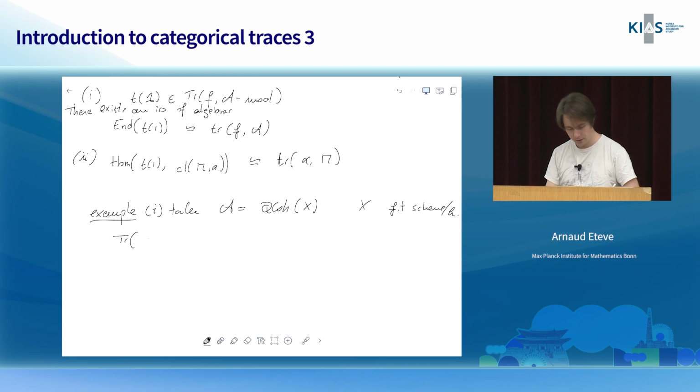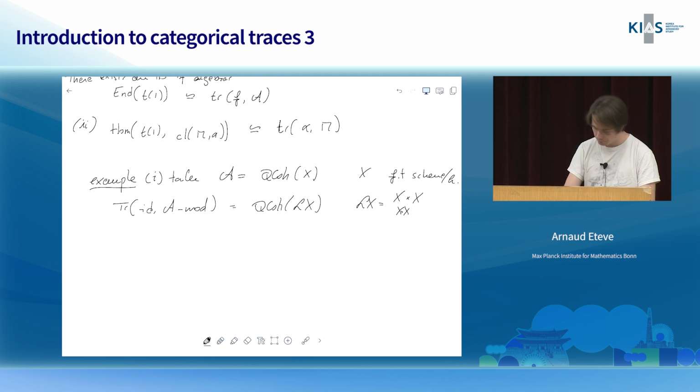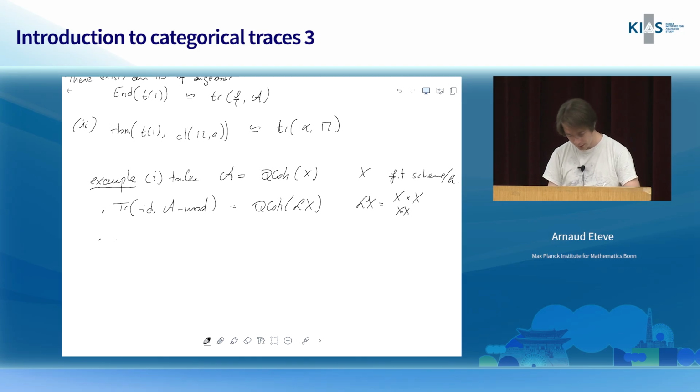We said first, the trace of the identity, so I'm going to take F to be the identity for this, on A mod, was QCoh on the loop stack of X, which, recall, the loop stack of X is X times X over X times X. The map from QCoh X into this thing here is pulled back along one of the projections.